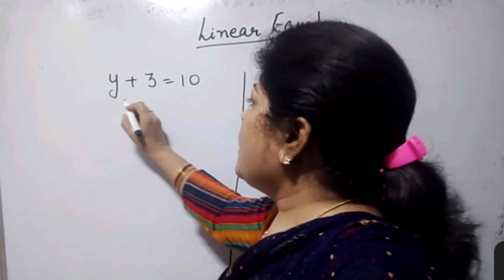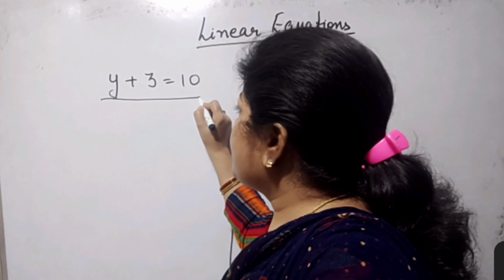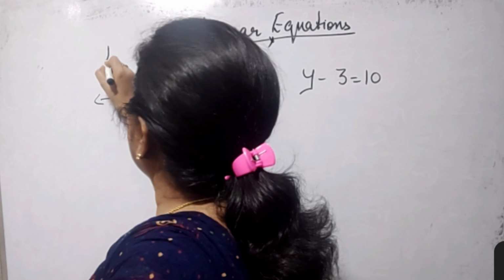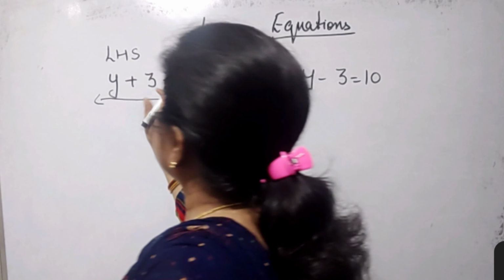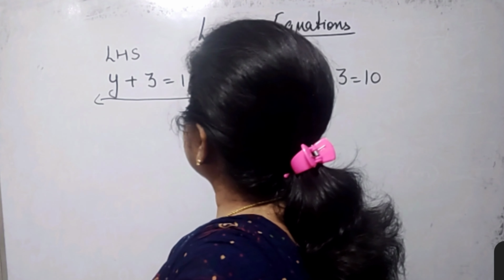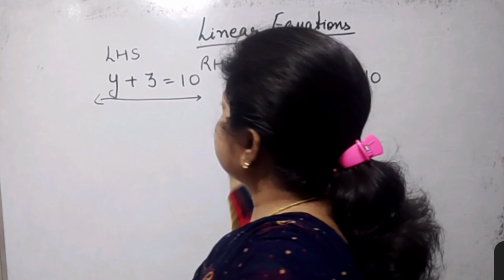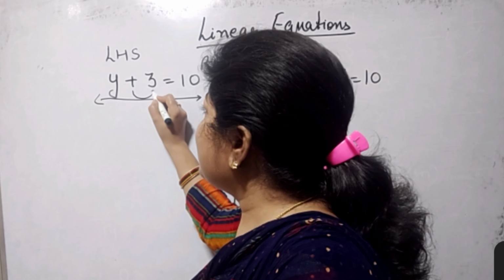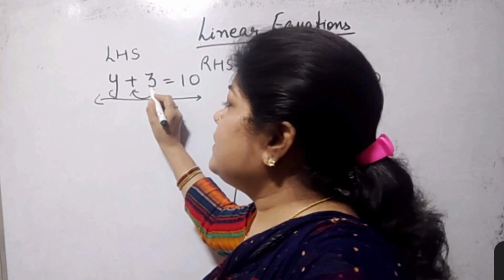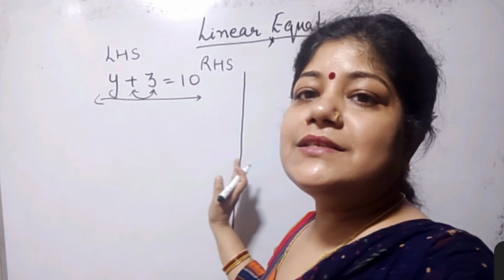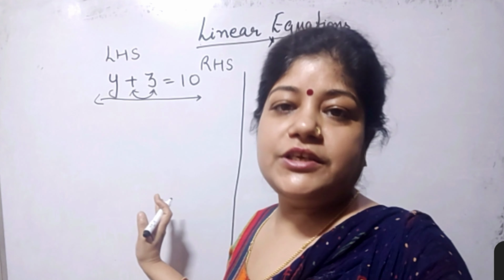Okay. Now, in this linear equation, this is the left hand side because it is on our left hand side, and this is the right hand side. Now, when we have plus with the digits, and when we take these digits to our right side, their signs get changed.